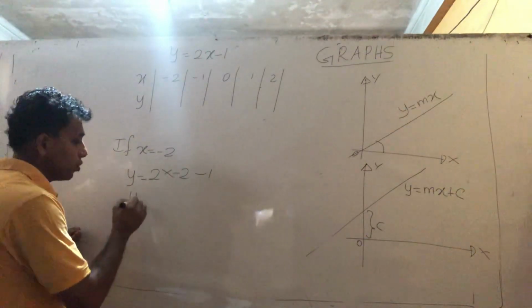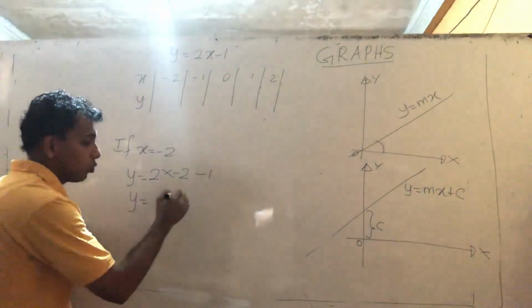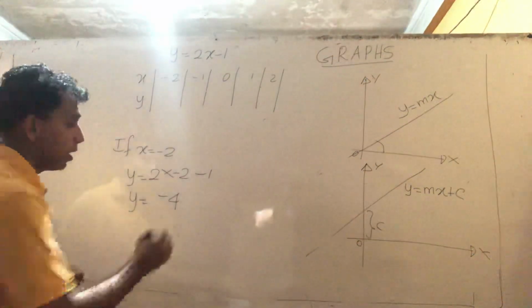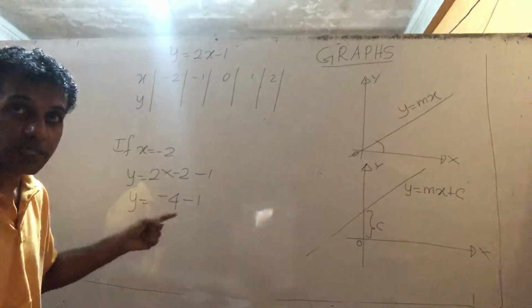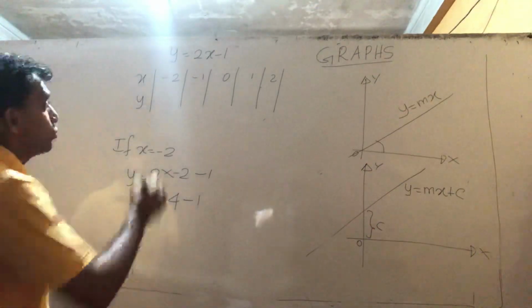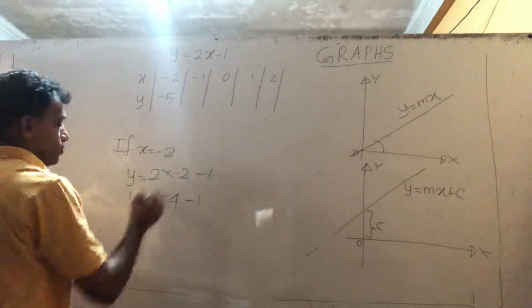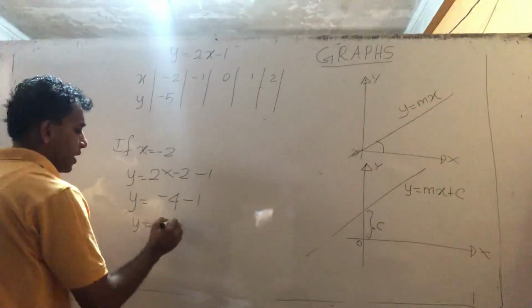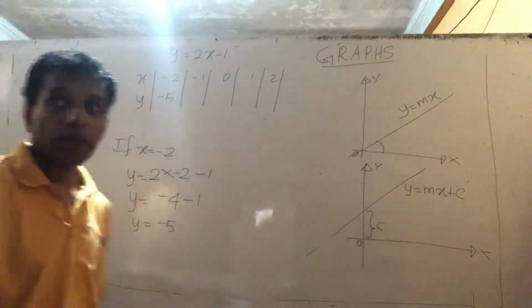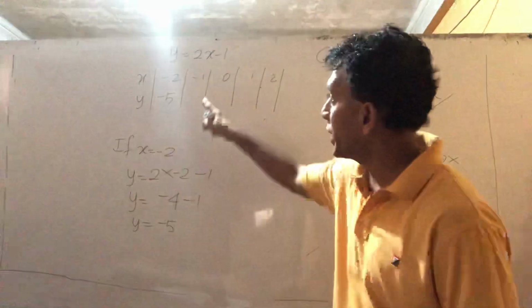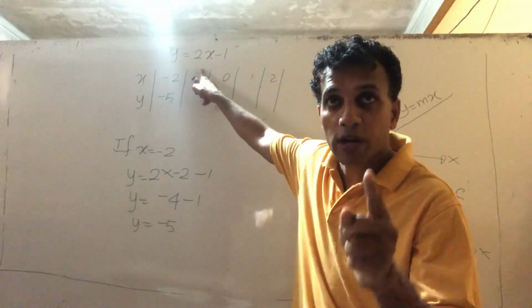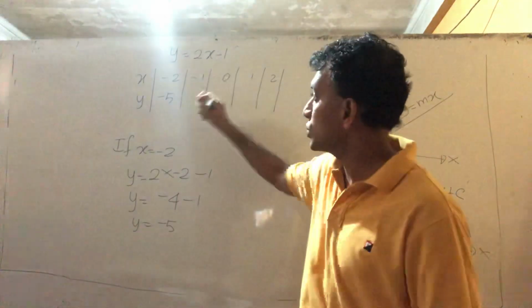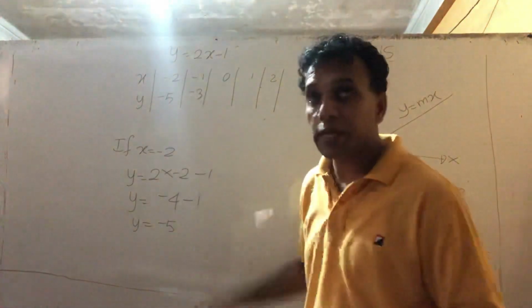Therefore, y equal 2 times minus 2 is minus 4, minus 1. What is minus 4 minus 1? Don't say 3. Minus 5. y equal minus 5. The same method: put x as minus 1. 2 times minus 1 is minus 2, minus 1, minus 3.